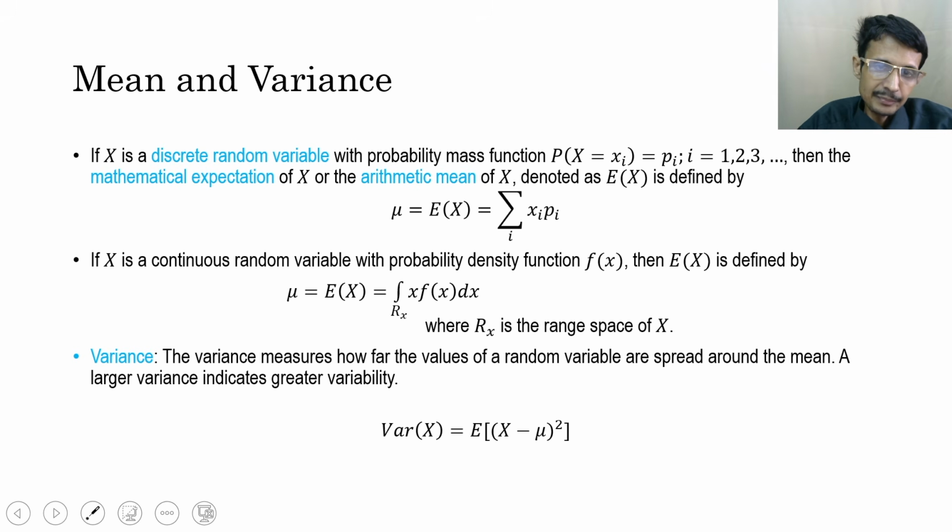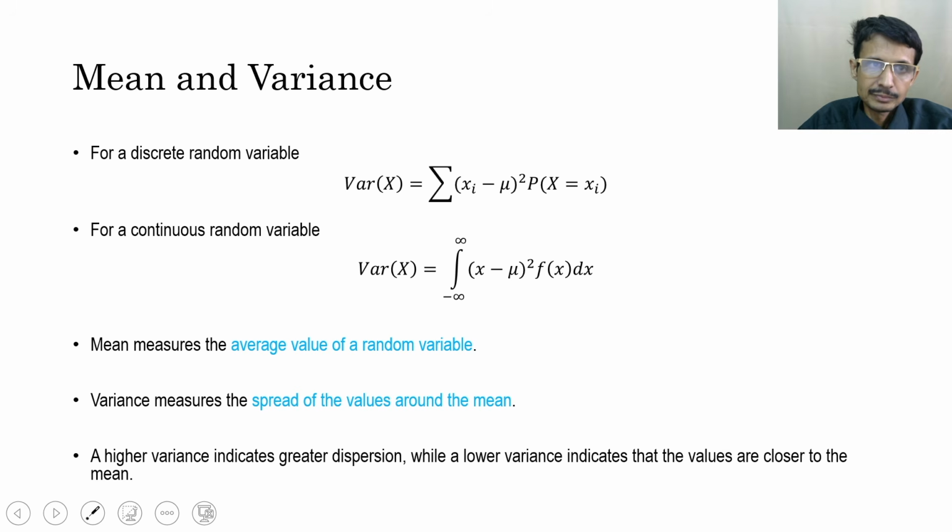So this is basically the variance. Now for a discrete random variable, the variance of x is defined as the summation of xi minus mu whole square into the probability of xi, or for a continuous random variable, it is the integral from minus infinity to plus infinity of x minus mu whole square into f of x dx. So it is very easy to understand.